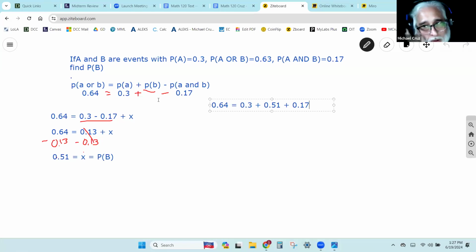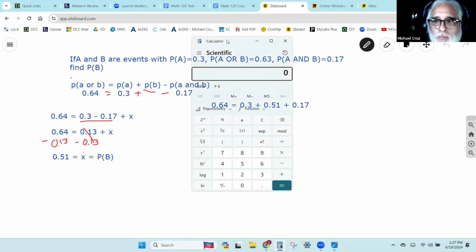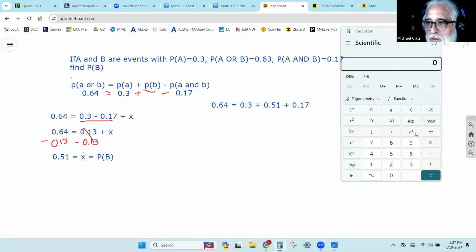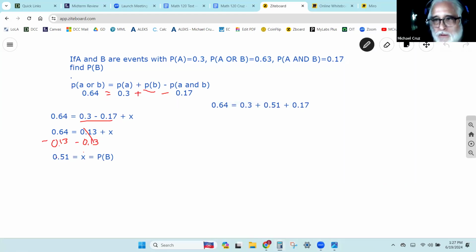Add up all those on the right-hand side, and they should be equal to 0.64 if we get it right. Let's see. 0.51 plus 0.17 plus 0.3. Something's not right.